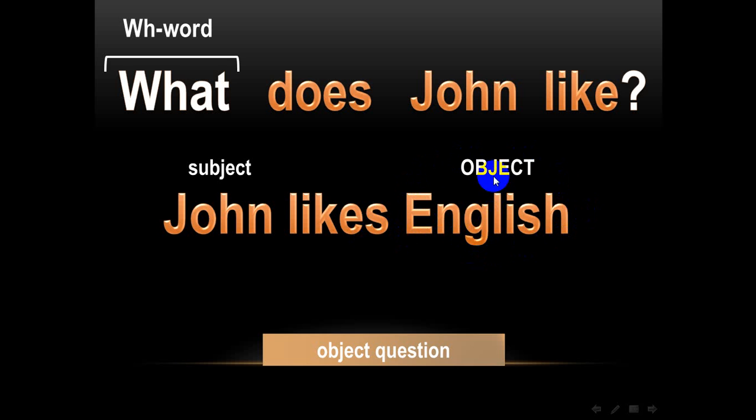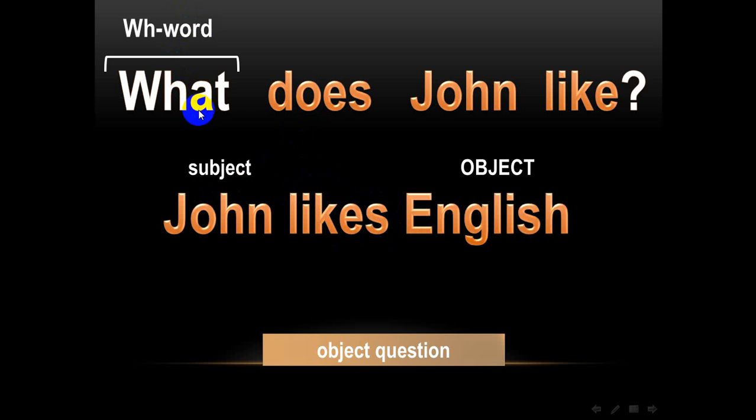If you want to ask about the object, you have to make the question with the WH word in the beginning. Then you have the auxiliary or helping verb. Then complete the sentence, but omit the S here.